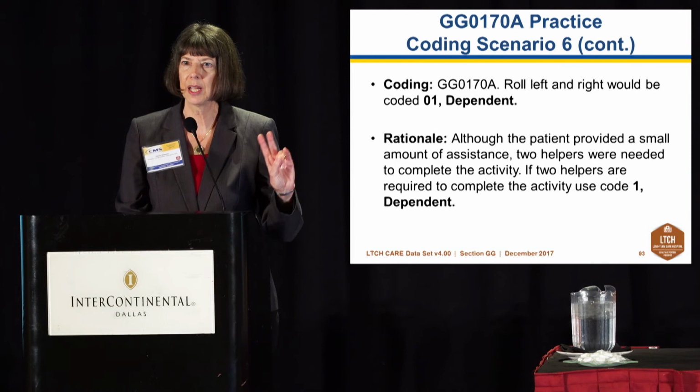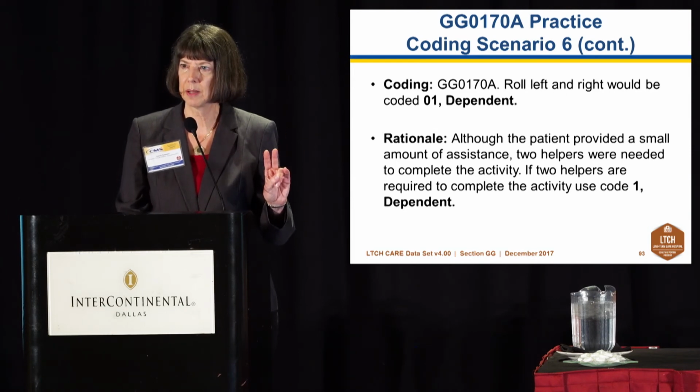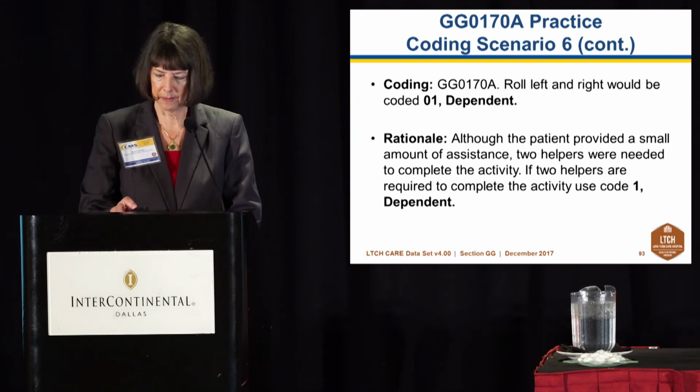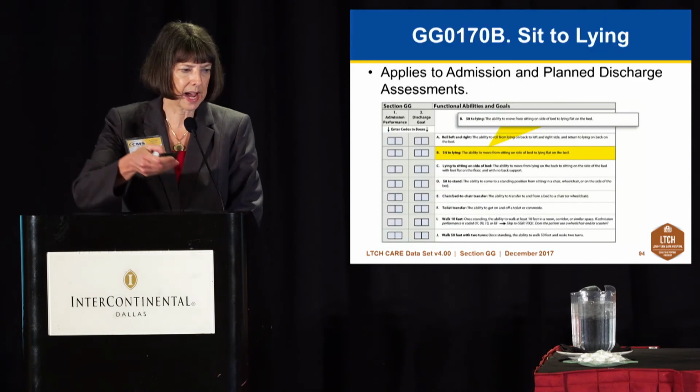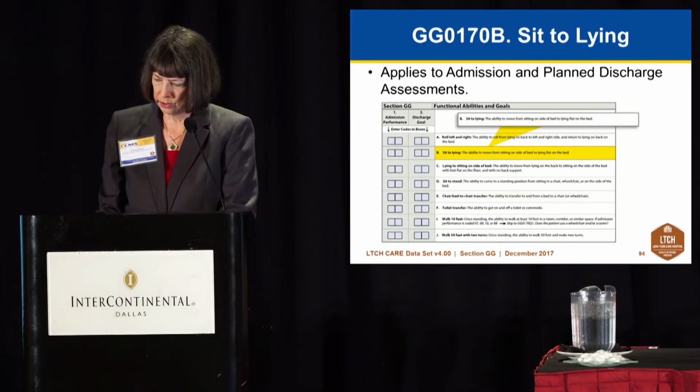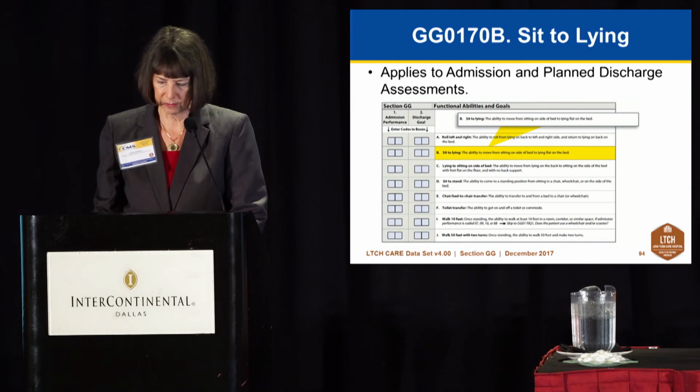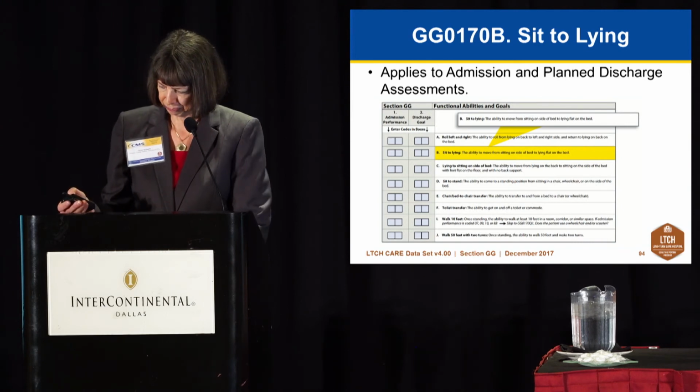Even if he does something for himself, but you need two helpers for him to complete the activity, it must be coded 01. I think that's a great teaching moment for your staff too, so you can use these with your staff in terms of further explaining what the requirements are.